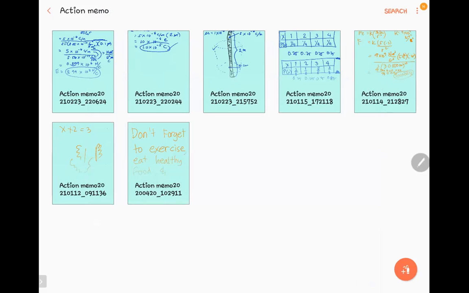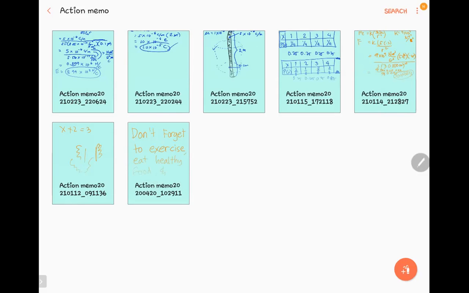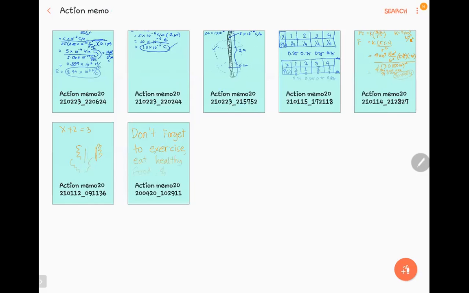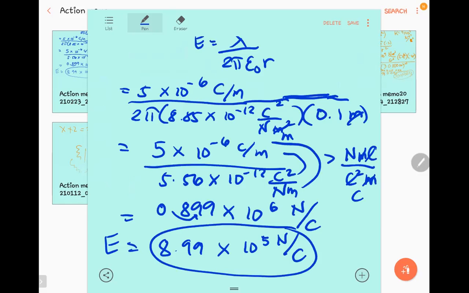So from here, okay, our problem, we solve for the charge, okay? And then we also solve for the electric field, okay? It's because that is what the problem says that we need to find, okay? The charge and the electric field, okay?